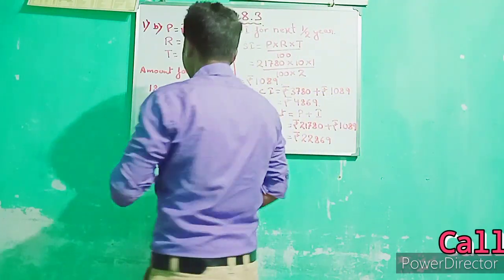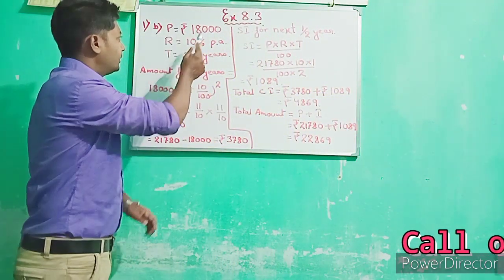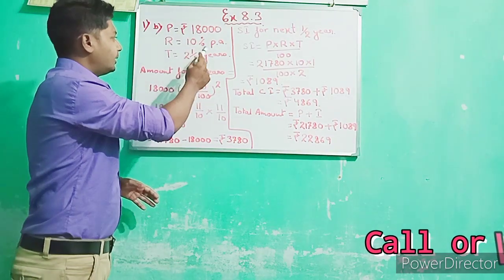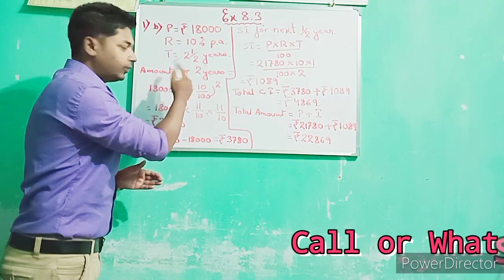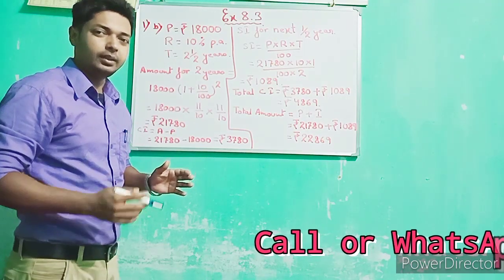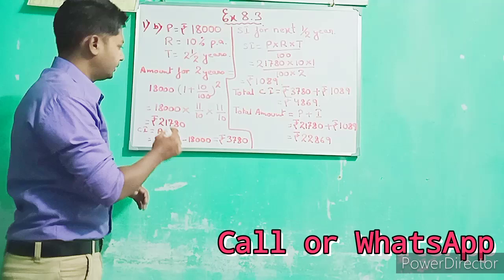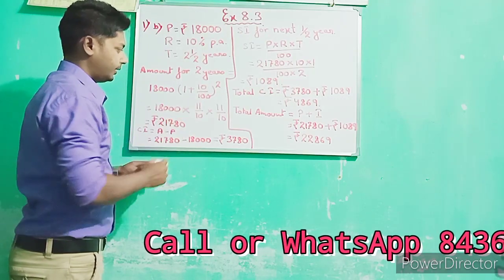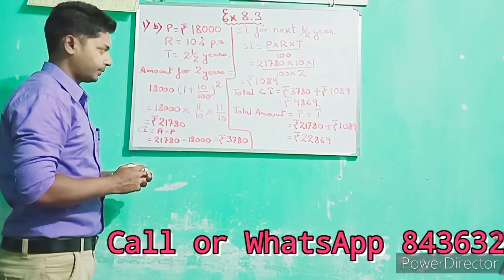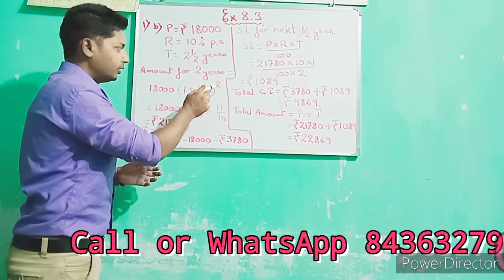So just check here, the principal is 18,000, the rate is 10% and the time is 2.5 years. The amount for 2 years, as I told you, I will be calculating on a 2-year basis: 18,000 into (1 plus 10 by 100) whole square, where this square is for the time.